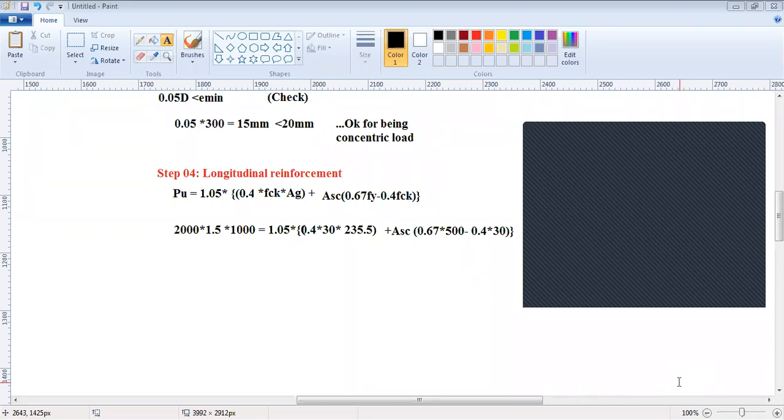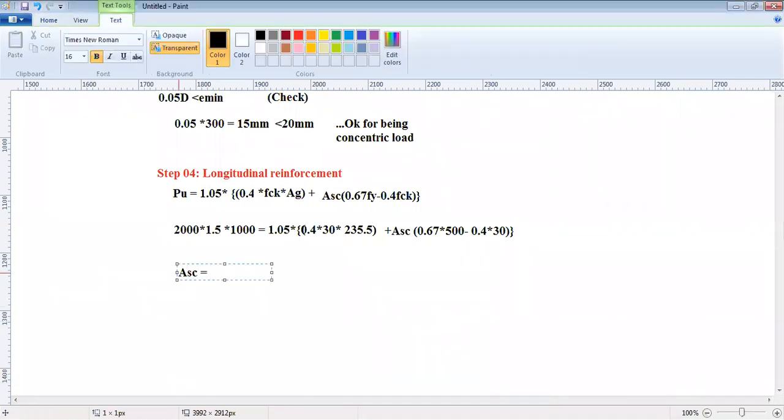Times 1.05, that's 351.75, minus 0.4 into 30 into 1.05, that's 12.6. 351.75 minus 12.6 is 339.15 into Asc. That's coming out to be Asc of about 8836.